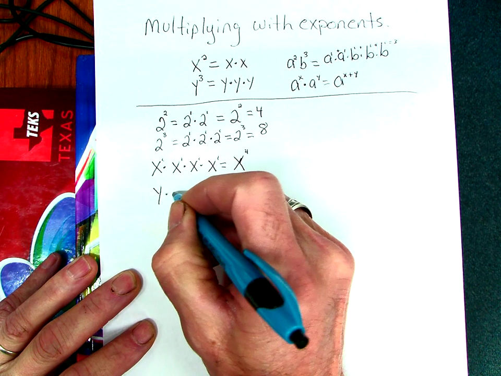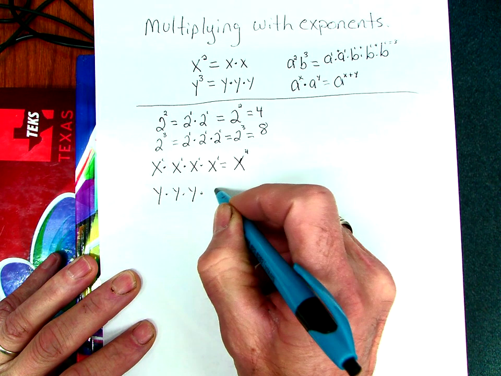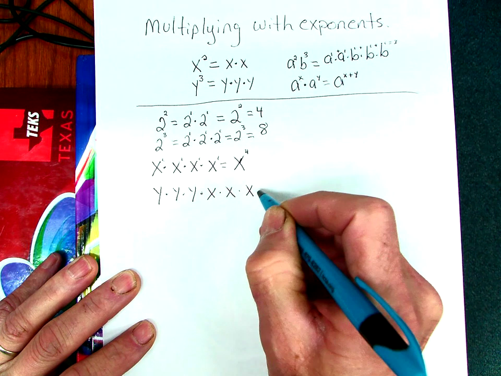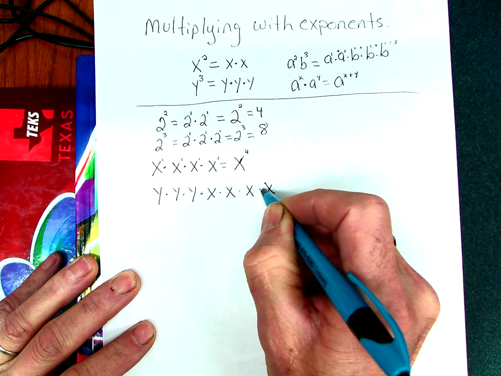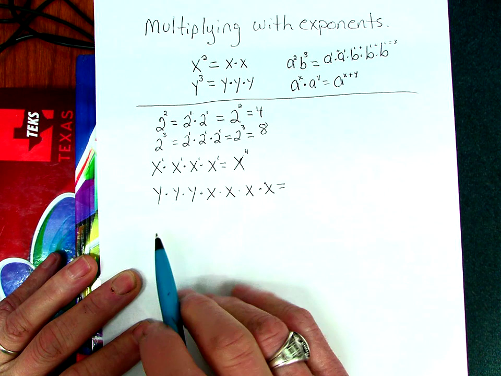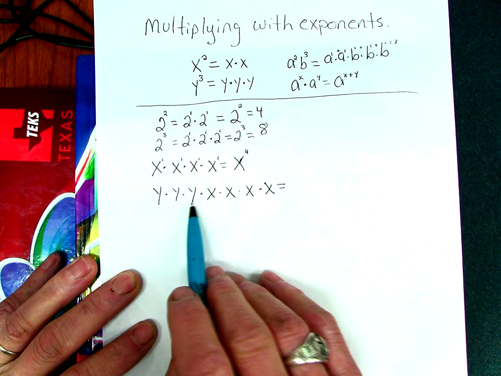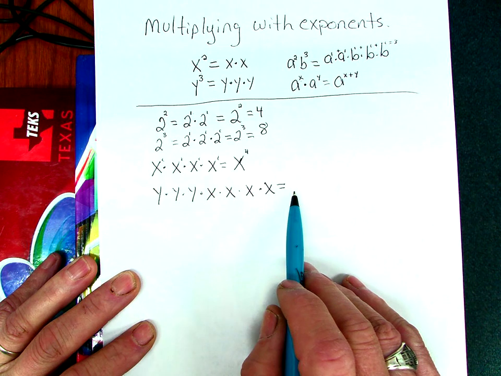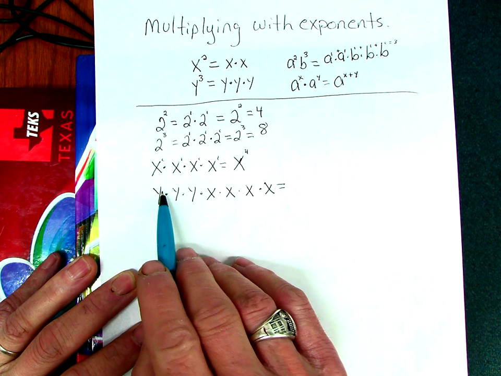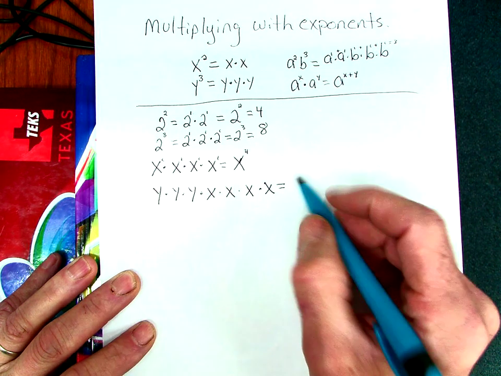Y times y times y times x times x times x times x. Okay, we are only going to count the exponents for that particular base, and then we will summarize it by writing a variable with an exponent. For example, for the y's, I've got the power of 1, 1, 1. 1, 2, 3.